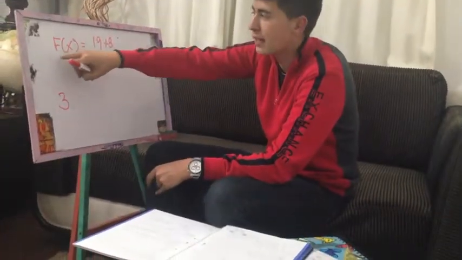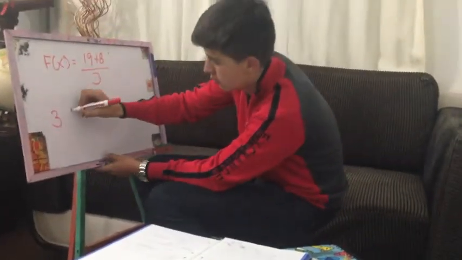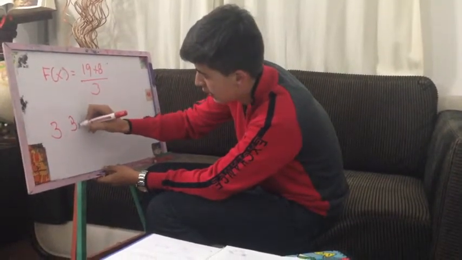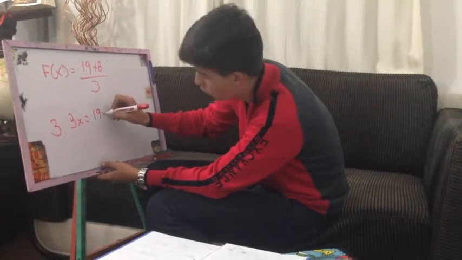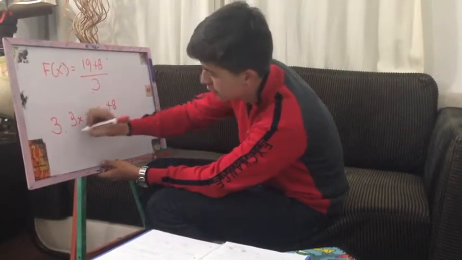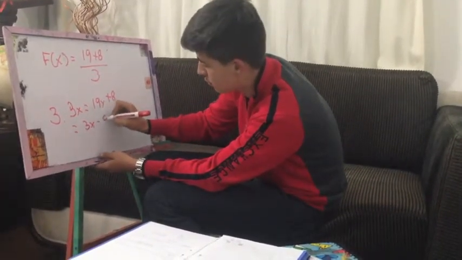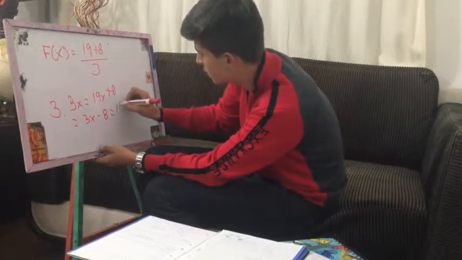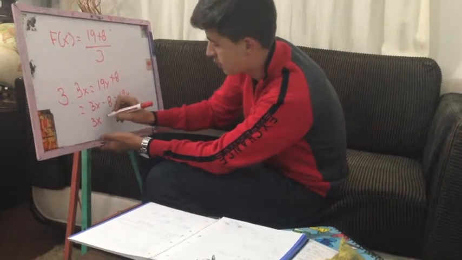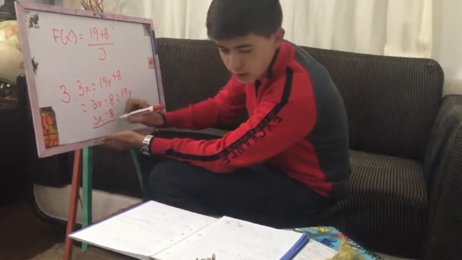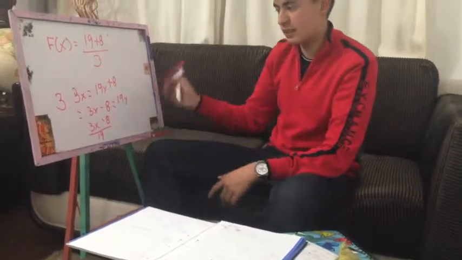The third step is to solve for y. Multiplying, 3x is equal to 19y + 8, so 3x minus 8 is equal to 19y. This is the third step.